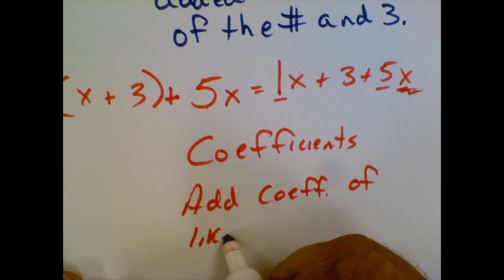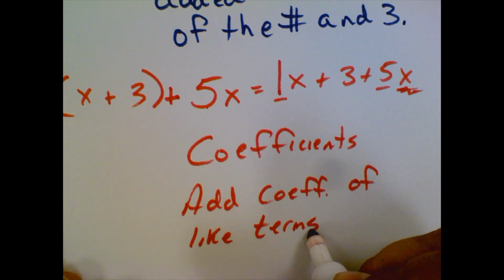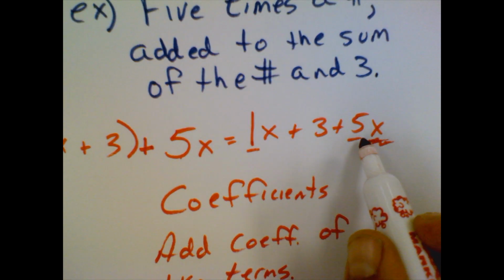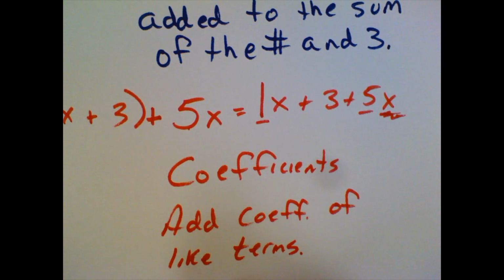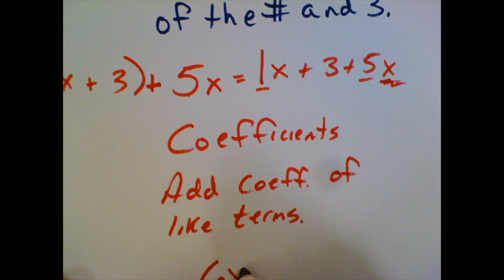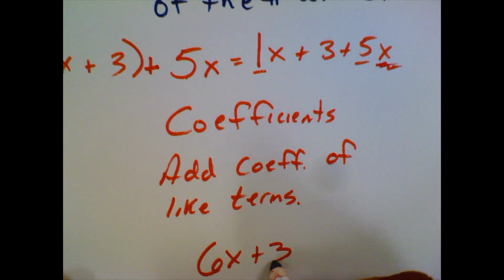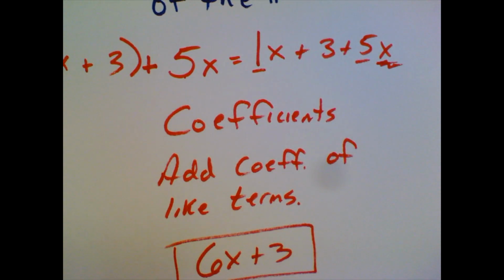That's the rule. Okay, so if you look at this problem, I have a 1x and a 5x. They have the same backpack, so they're like terms. So that sum is 6x. And then we have the constant term of 3. So that would be our simplified version of that expression.